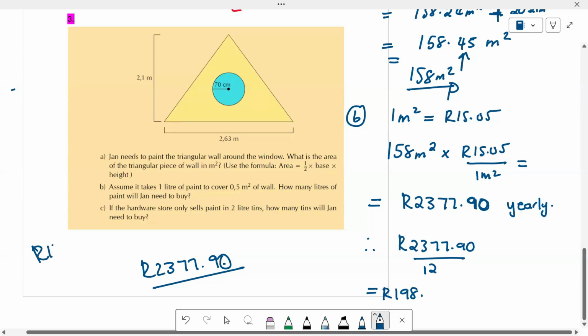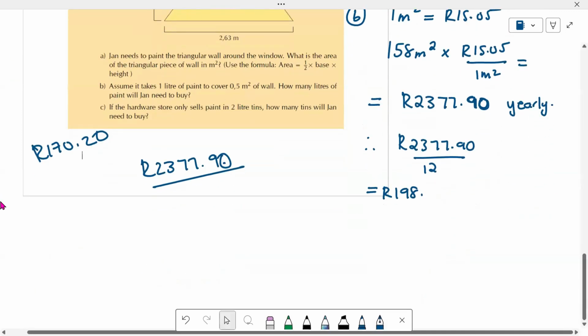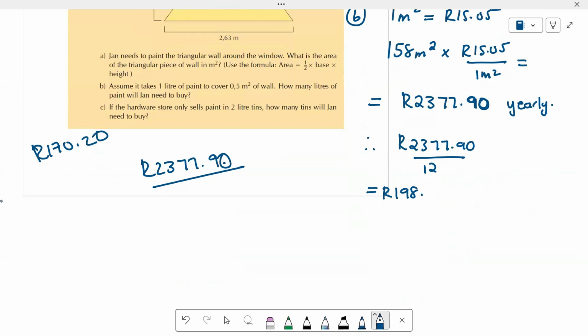Even if you got 170.2, you just add a 0. It needs to be 2 decimal places. It doesn't change your answer, even if you divide it by 12.